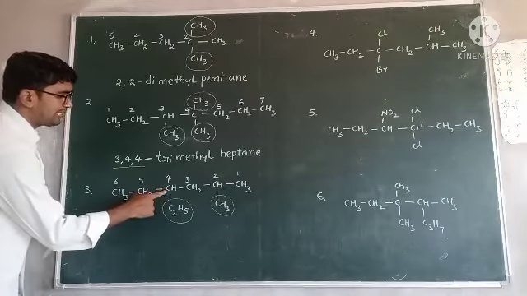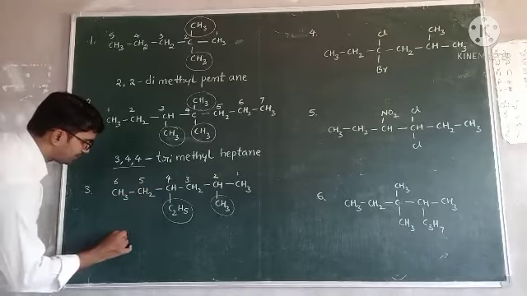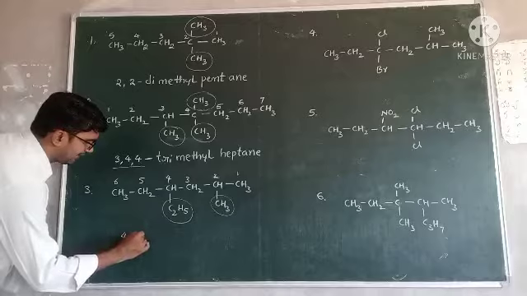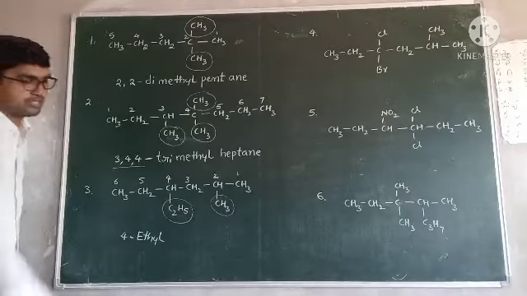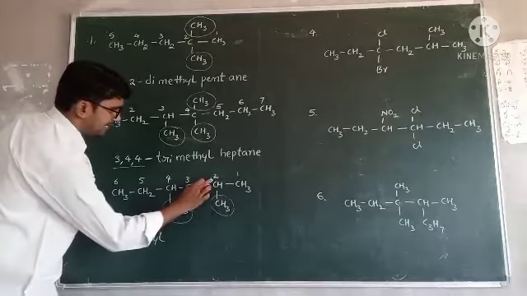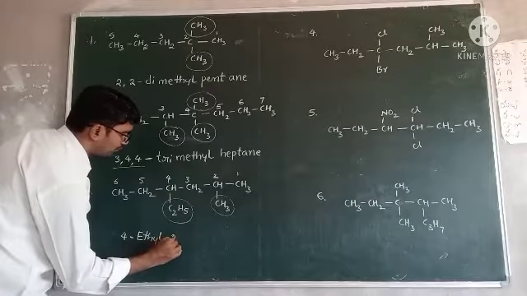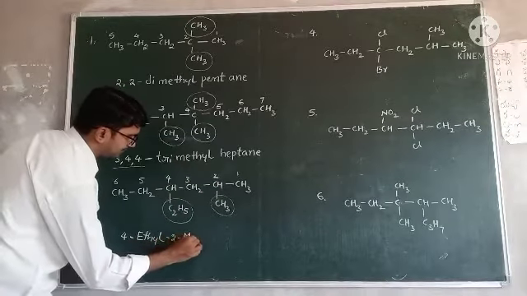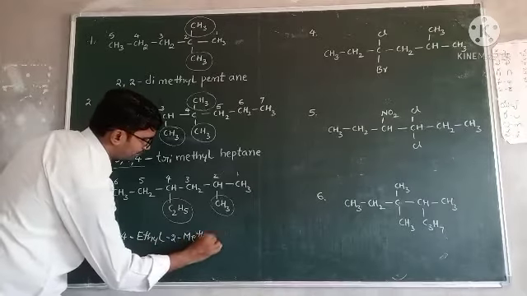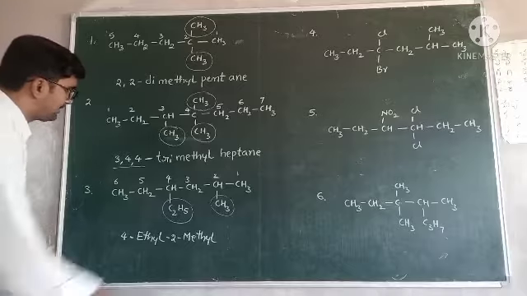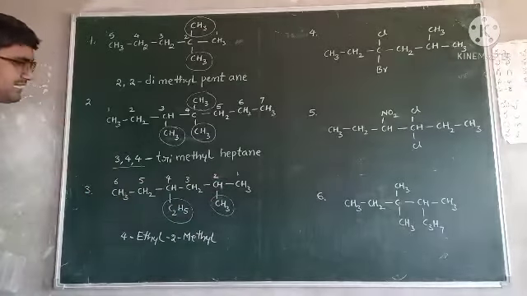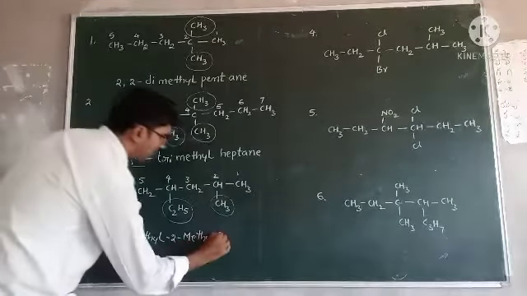This ethyl group is attached at the 4th carbon, so 4-ethyl. First substitution completed. Another substitution is attached at the 2nd carbon, so 2-methyl. Substitution part is completed. Next, the number of carbons. How many carbons are present in the main chain? 6 carbons. So hex.